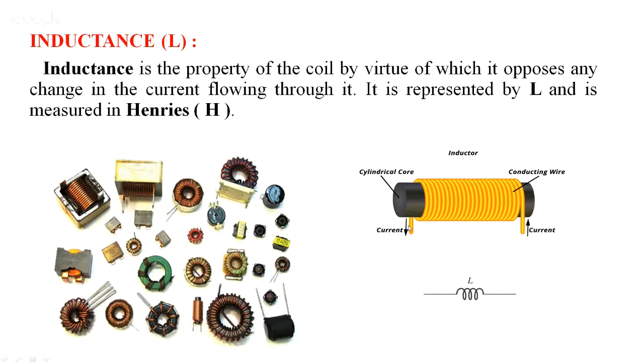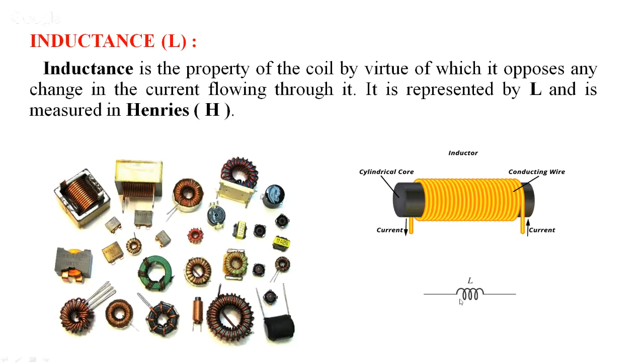If you take a long conductor and wind it on a bobbin like this, it will form a coil. You can see this is a cylindrical core on which the conducting wire is wound, and this will form an inductor.